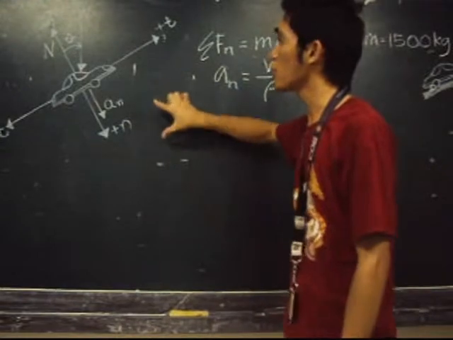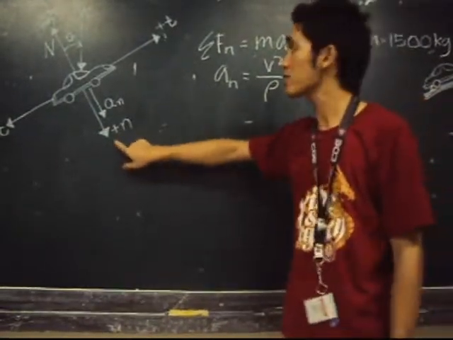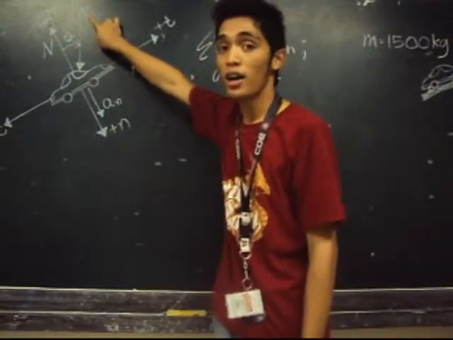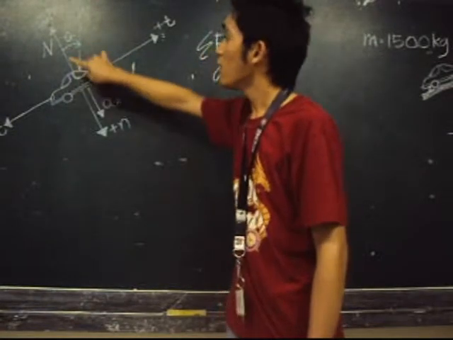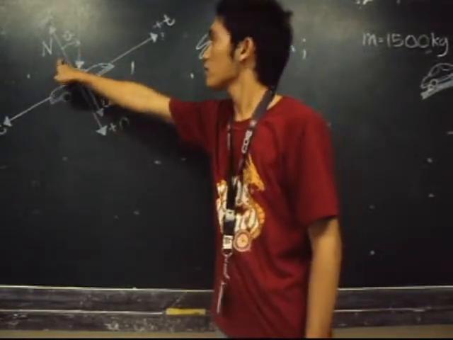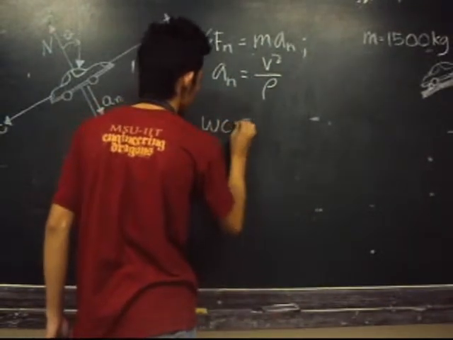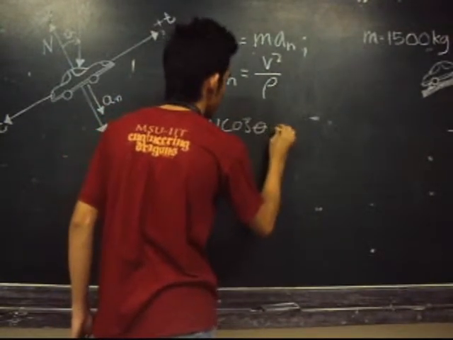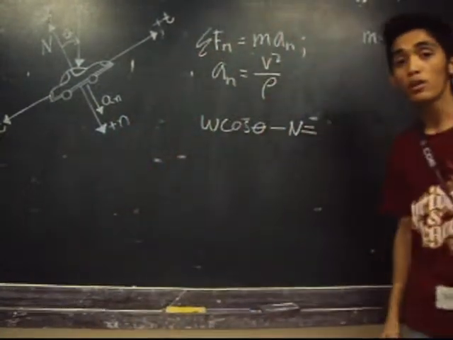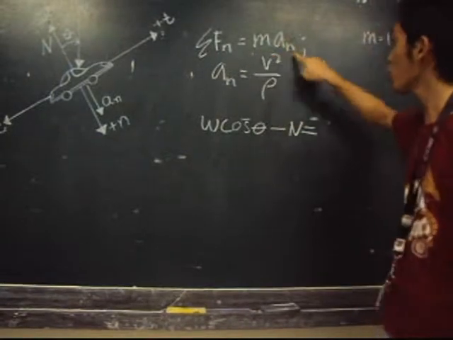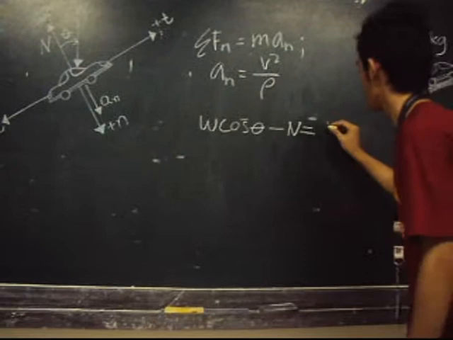Now, referring to the figure, the forces along the normal coordinate are the weight of the car times cosine theta and the normal force. And it is equal to the mass times the normal acceleration, which is v squared over rho.